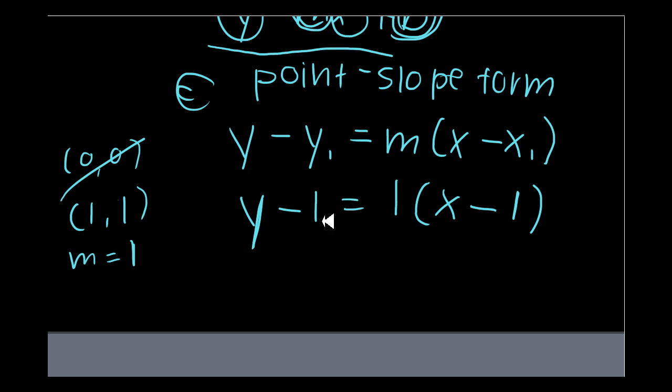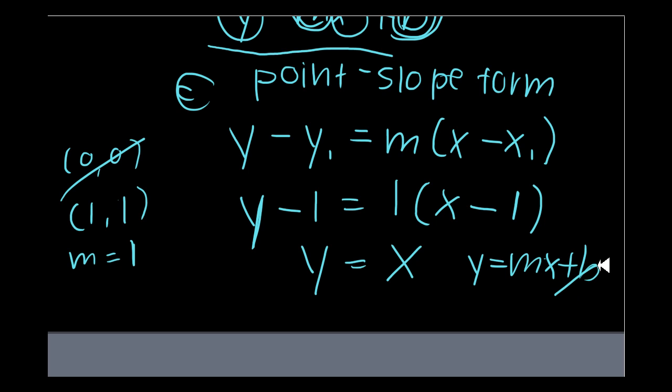So the slope-intercept form of this graph, if you move the 1 over and distribute the x, actually equals y equals x. As you can see, following the formula mx plus b, there's no constant, there's no b, because b is 0, and m is 1, because there's an imaginary 1 in front of this x.